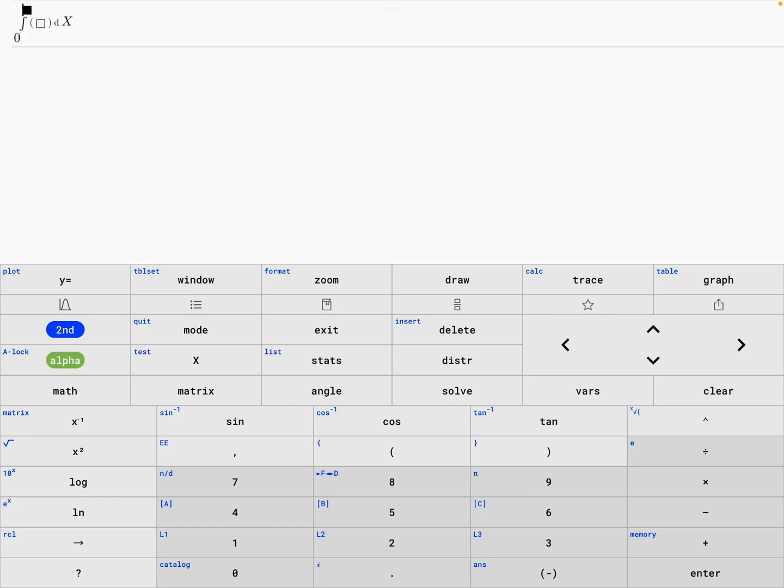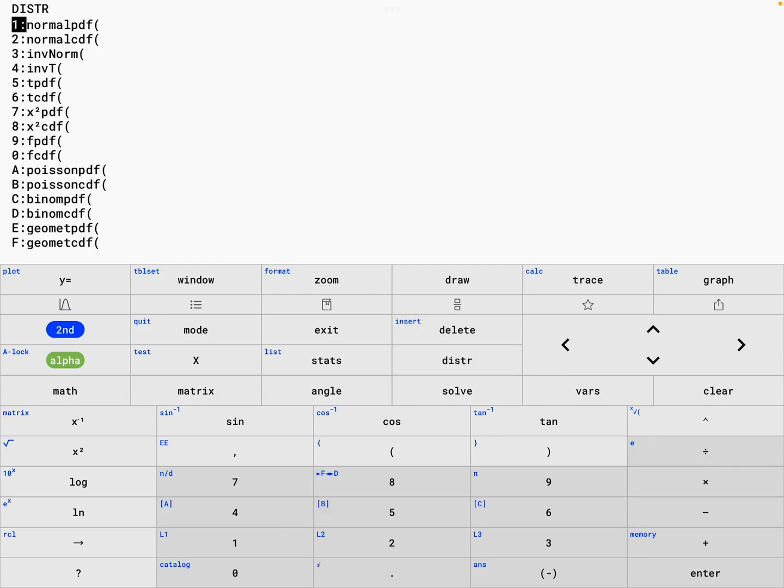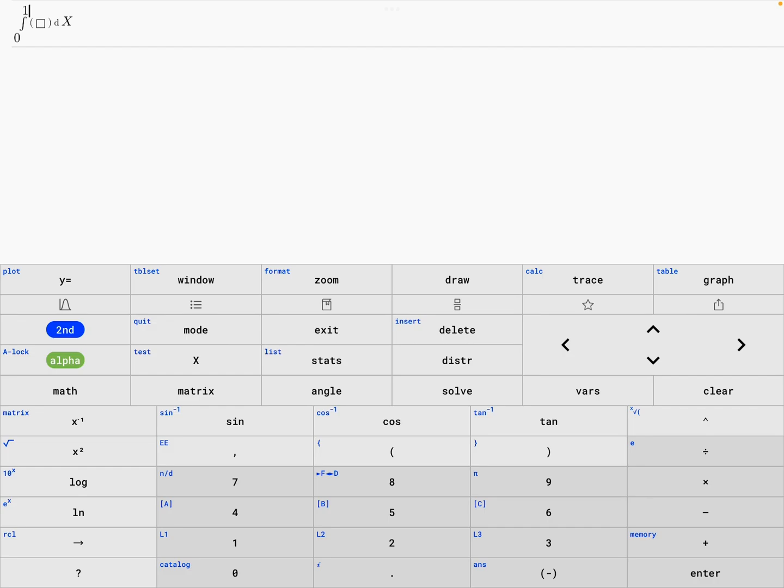So we'll go from 0 to 4 divided by 5, and then our function was 5x minus 1/3 x squared.